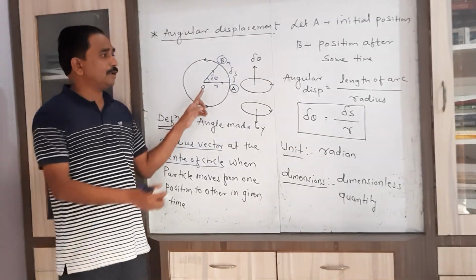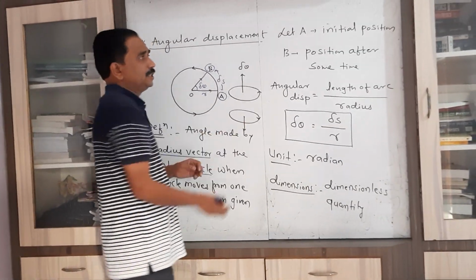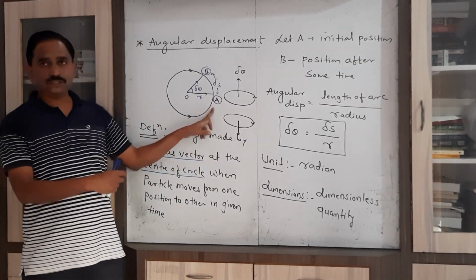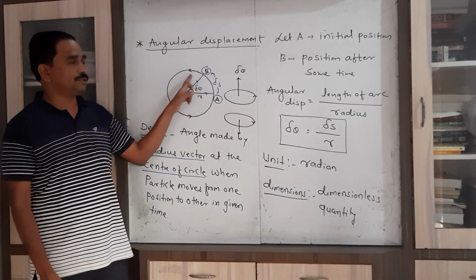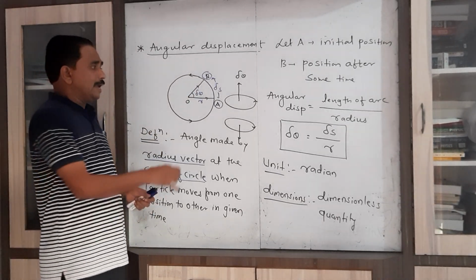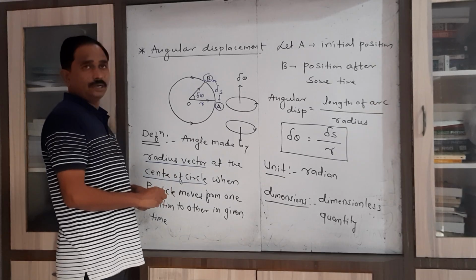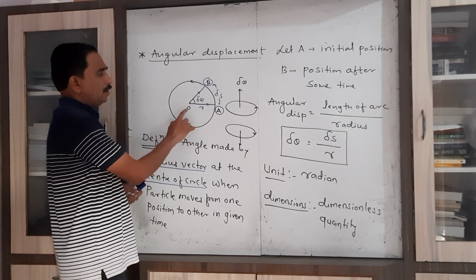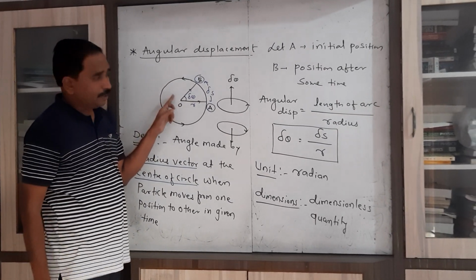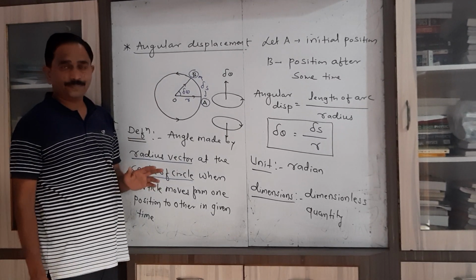Now if you want to derive the formula for angular displacement, then consider A to be the initial position, B the position of that particle after a certain time. If we join the two positions, then we have OA equal to OB equal to the radius of the circle.